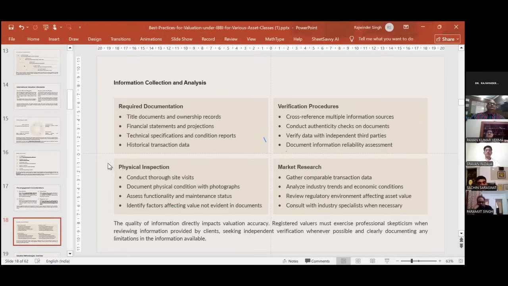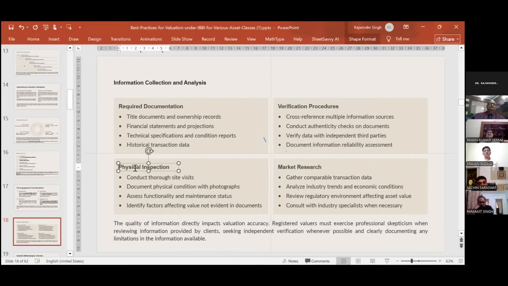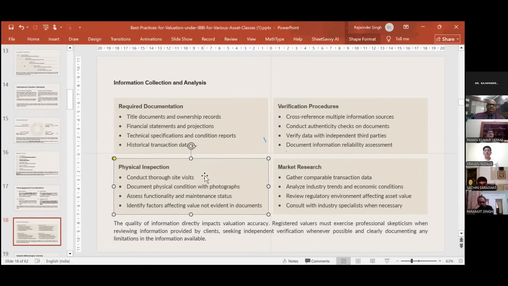And then the next step after collecting the documents is physical inspection. Land and building valuers or plant and machinery valuers have to conduct thorough site visits. They have to document physical conditions of the assets with photographs.